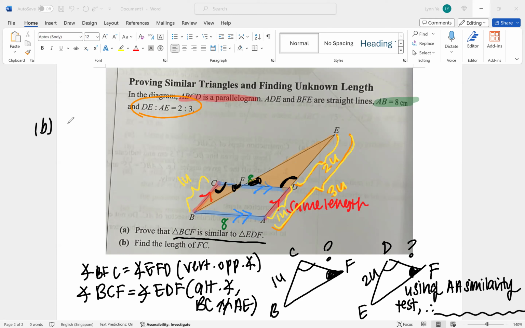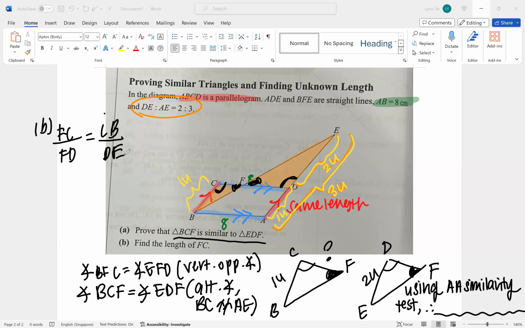That they want FC. FC over FD, equal to CB over DE.